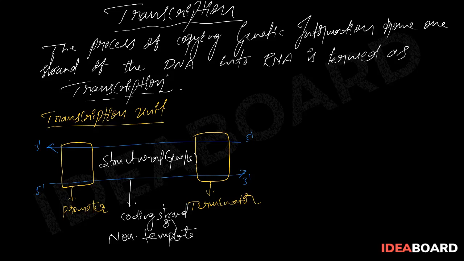Coding strand or non-template strand. This is also like an antisense strand. And this is what we can call the template strand, or non-coding strand, also known as the sense strand.